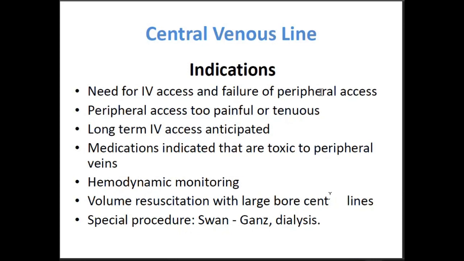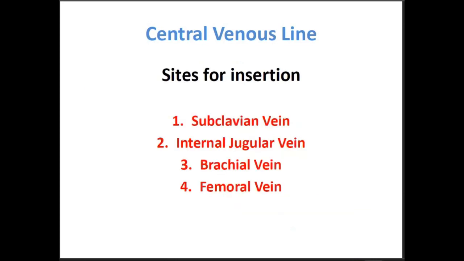So: need for IV access, peripheral access, long-term IV access, giving medication, hemodynamic monitoring, volume resuscitation with large bore central lines, and special procedures. The Swan-Ganz is a special procedure, and dialysis is very important.